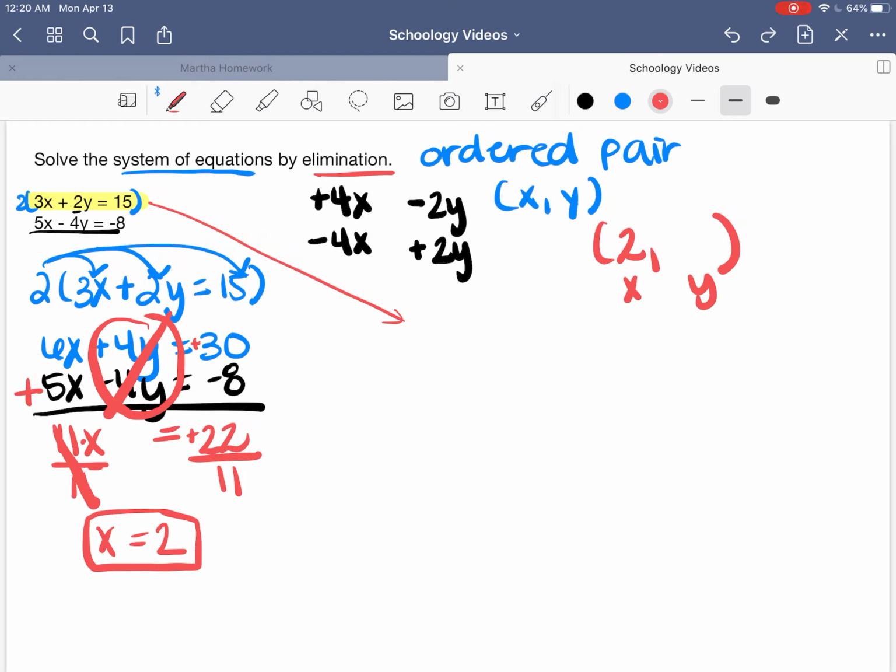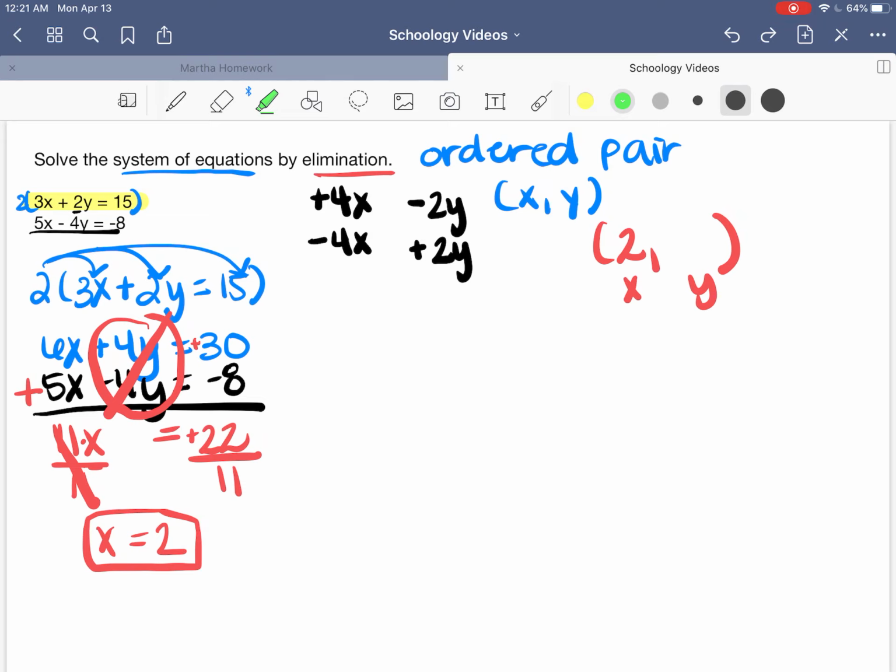You can do the exact same thing with the other equation, 5x minus 4y is equal to negative 8. Plug in the x, give me the y. Or, the last way that you can do it, do the exact same math that we just did, but cross out your x's instead. So cancel out the 3x and the 5x. Either method will give you the exact same answer.